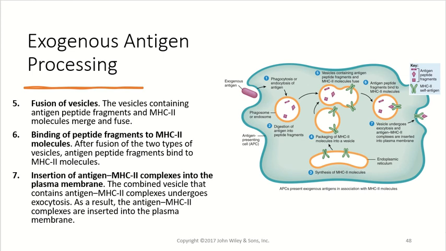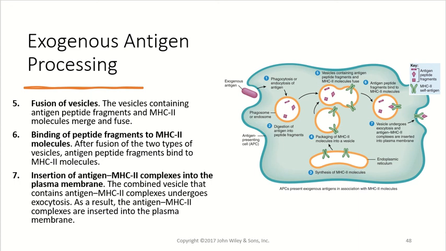From there, we have fusion of the vesicles, when the vesicles containing the antigen peptide fragments and our MHC2 molecules merge and fuse. The binding of the peptide fragments to the MHC2 molecules is our sixth step; after the fusion of the two types of vesicles, our antigen peptide fragments bind to our MHC molecules.